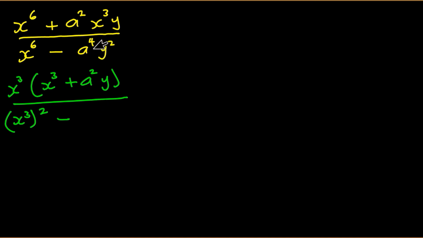This a to the power 4 times y to the power 2 is the same as (a^2) all to the power 2 times y to the power 2. Since the powers are the same, this could also be written as (a^2 y) all to the power 2. So in place of this one, I'll put this over there.